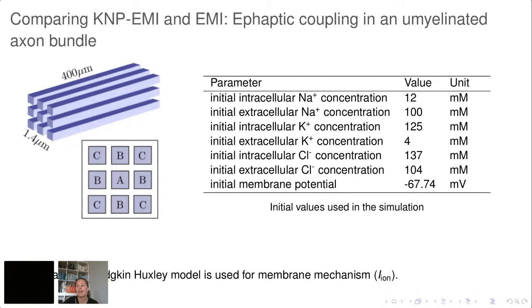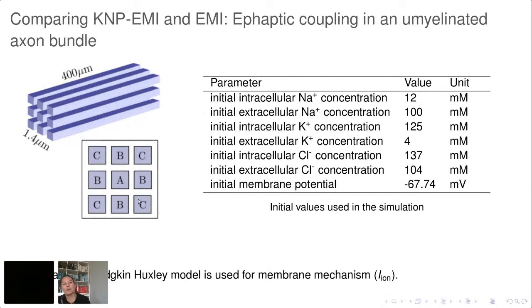And to do this, we have created a 3D mesh consisting of 9 axons separated by extracellular space. And we consider potassium, sodium, and chloride for the ions, and a standard Hodgkin-Huxley model is used for the membrane mechanisms. And here you can see the computational mesh, and here is a cross-section of the mesh with the 9 axons.